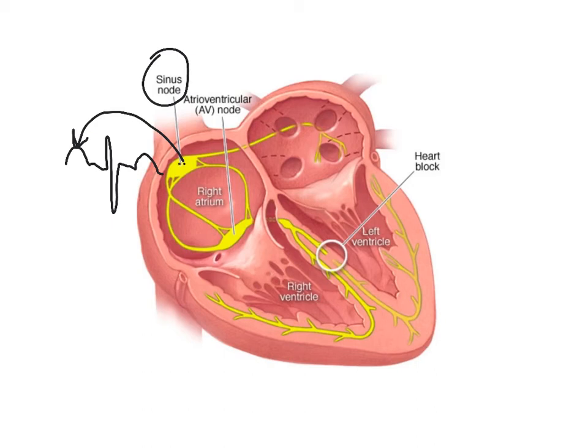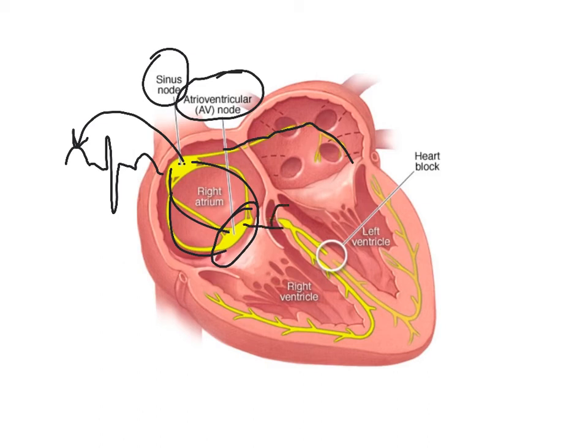It sends an electrical signal down this pathway here, and then down these pathways to right here, which is called the AV node, which is the atrioventricular node. And then that is just about when it sends it to here, which is called the bundle of His.